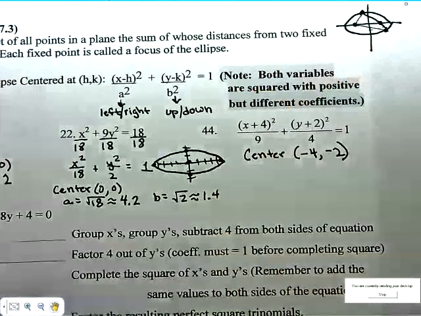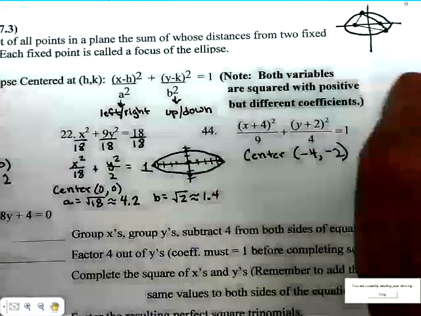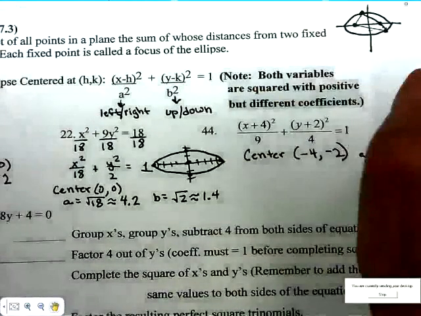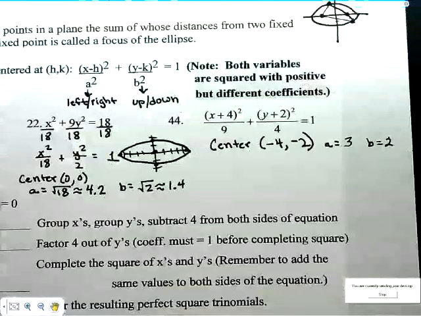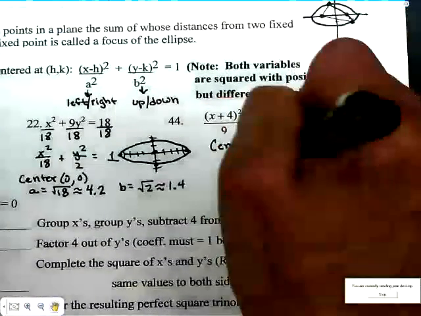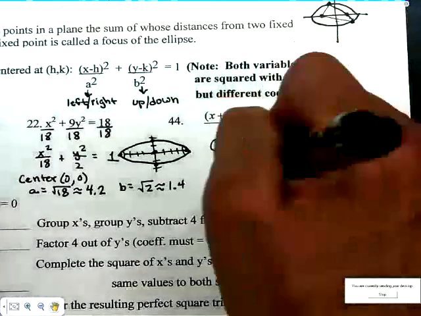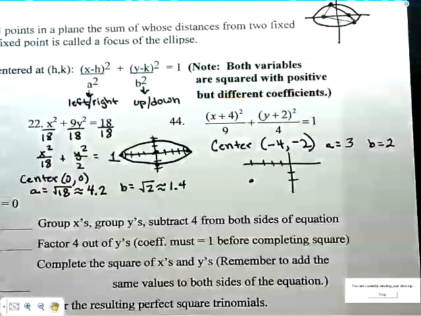Square root of 9 is 3, and B is 2. Center at -4, -2.